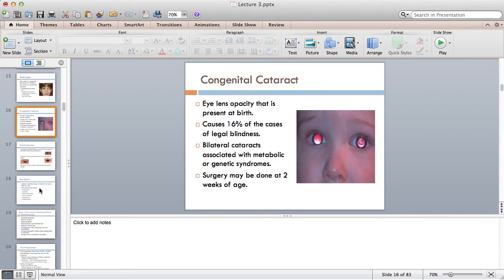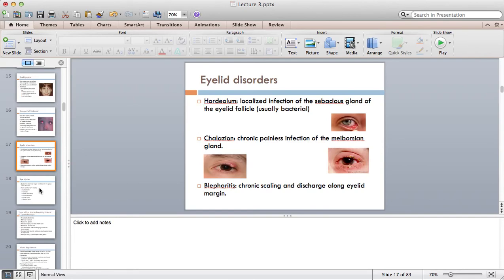For the eyelids, you can see a bacterial infection of the gland here. Usually bacteria for this one. Or you can see a painless cyst on the eyelid.